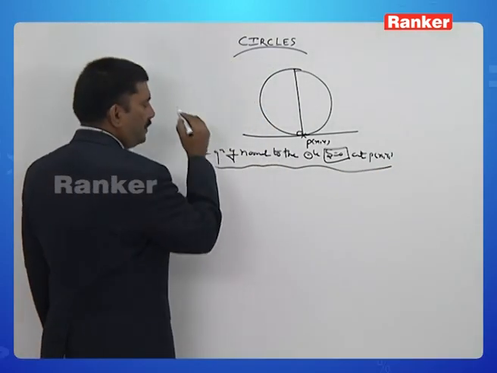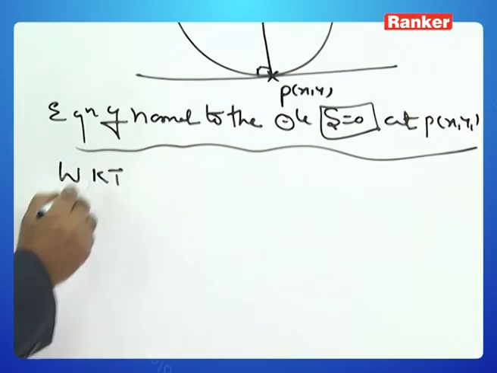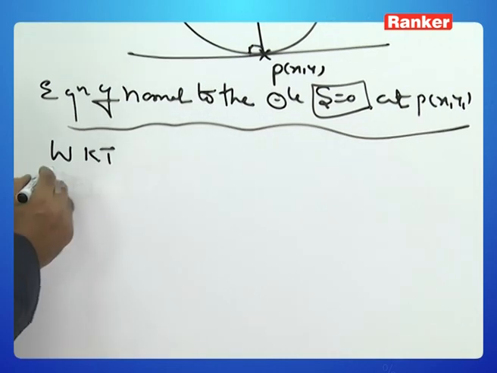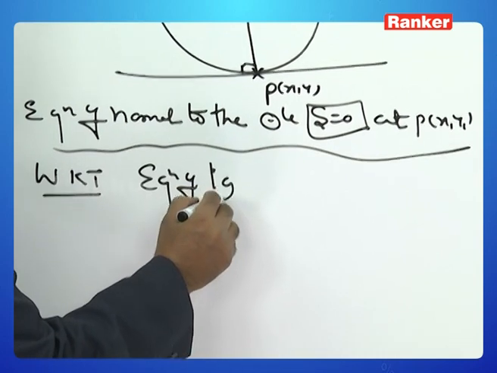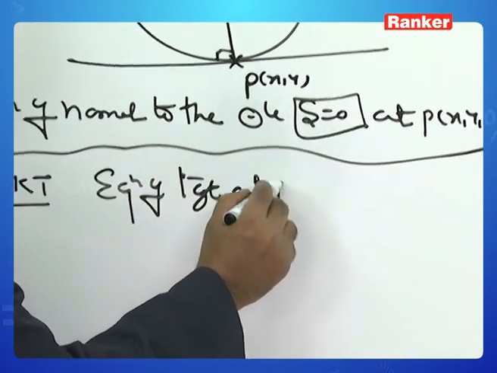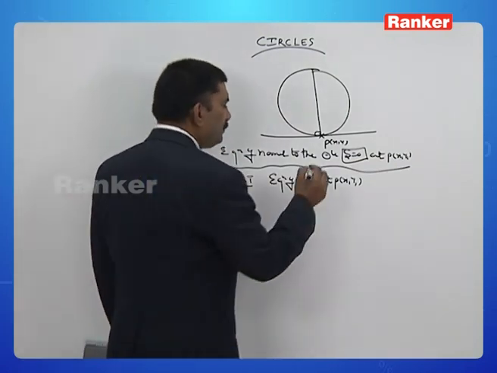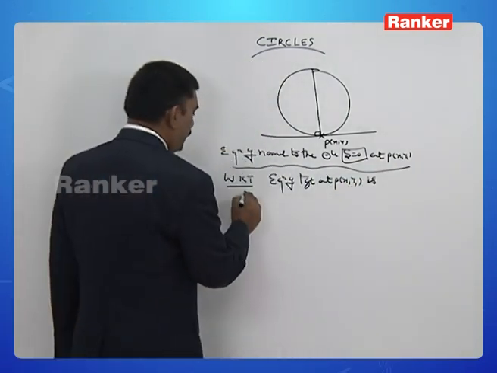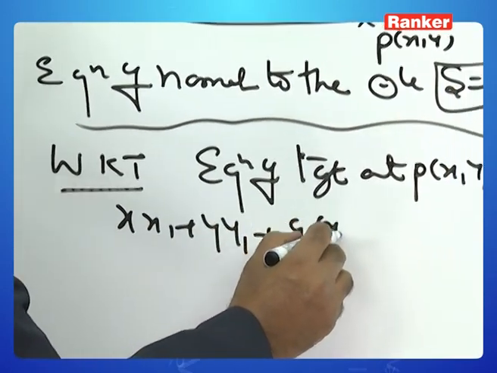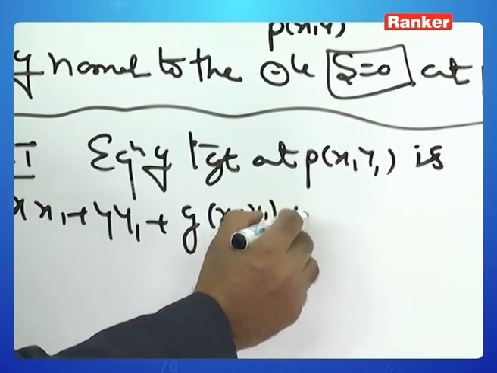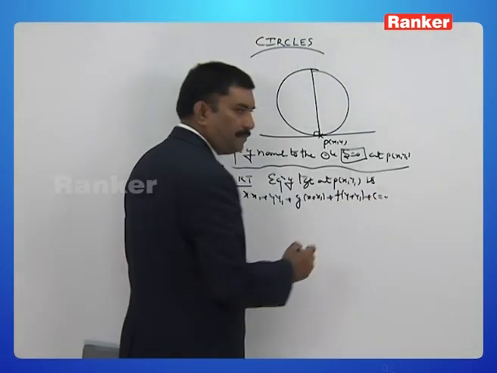Now we have to find out this. We know that the equation of tangent at P of x1 comma y1 is xx1 plus yy1 plus g into x plus x1 plus f into y plus y1 plus c is equal to 0.